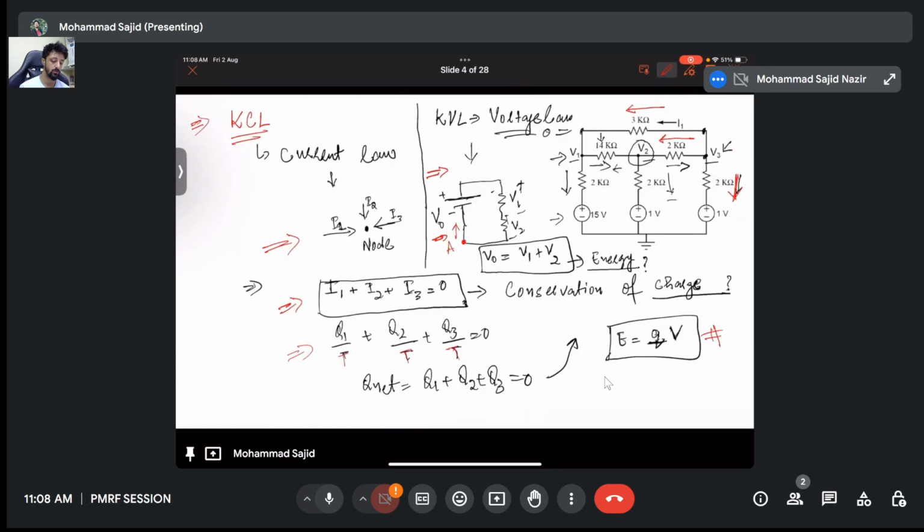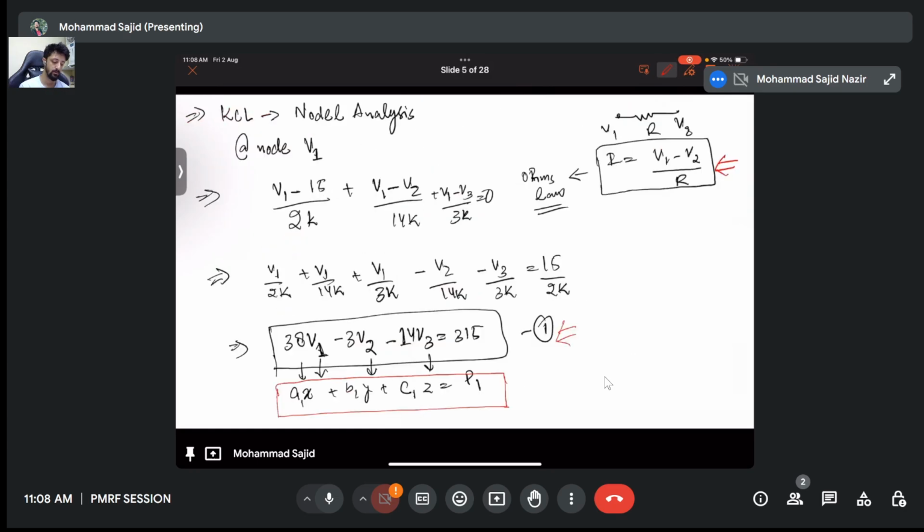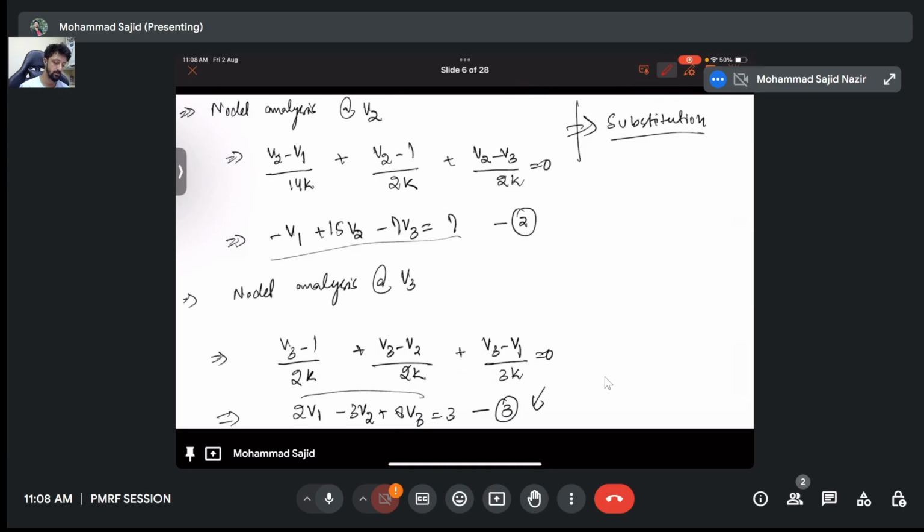Again, now at node V2. Node V2 is this one. See the components. Current going here through 2 kilo ohm, and current going here between V2 and 1 volt through 2 kilo ohm. Similarly, writing it, V2 minus V1 by 14K, V2 minus V1 by 2K, and V2 minus V3 by 2K.